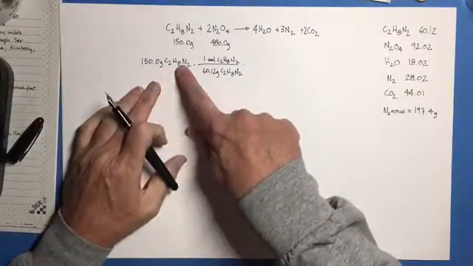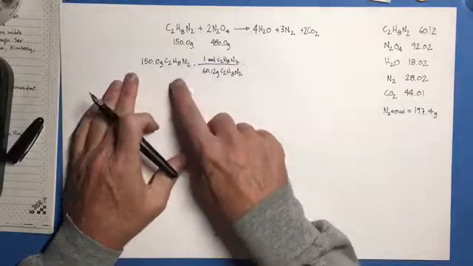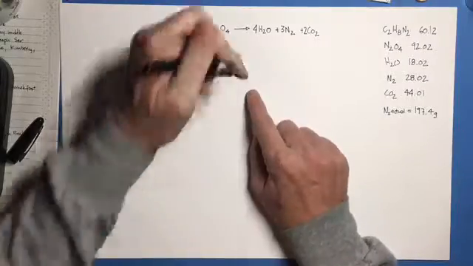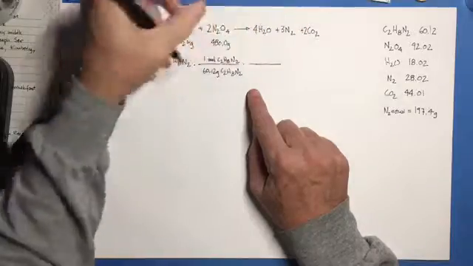So right now my grams C2H8N2 would cancel out with this grams, and I'm left with moles. So now my answer is in moles of C2H8N2. So using my balanced equation, I can now compare moles.